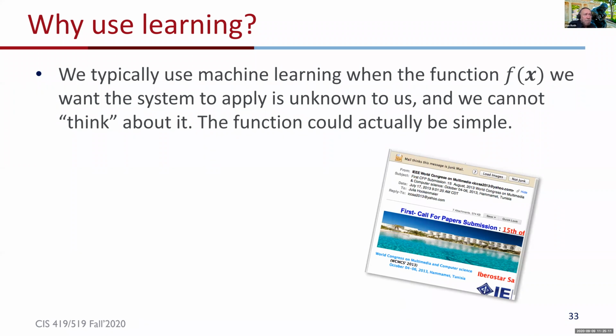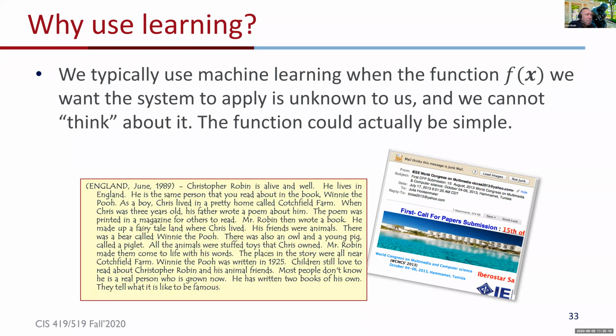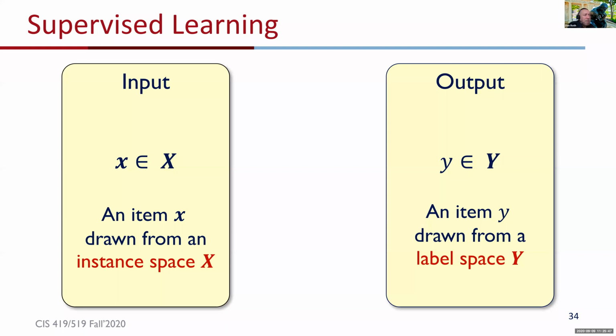But in many examples, the function could be simple, nevertheless, we don't know it. So think about the spam function, or think about this question that I asked you: is Christopher Robin and Mr. Robin the same person or not? You don't know how to write a function that determines that. But hopefully, if you read enough and you've seen enough examples, you'll figure it out, and you will have your own internal function, and maybe you can train a model to do this. So that's the game we're going to play here.